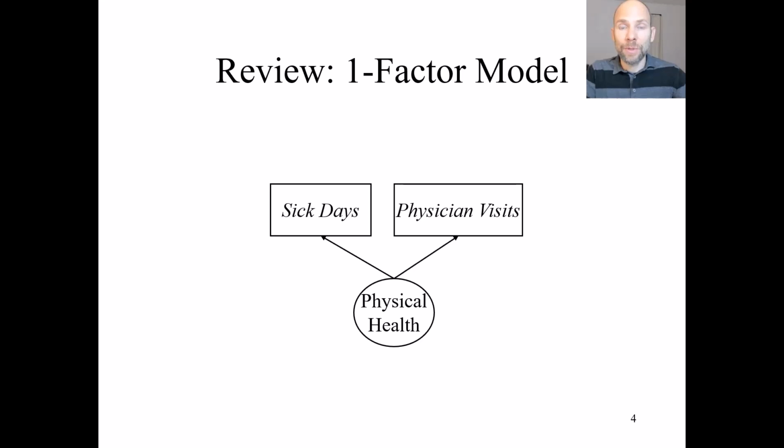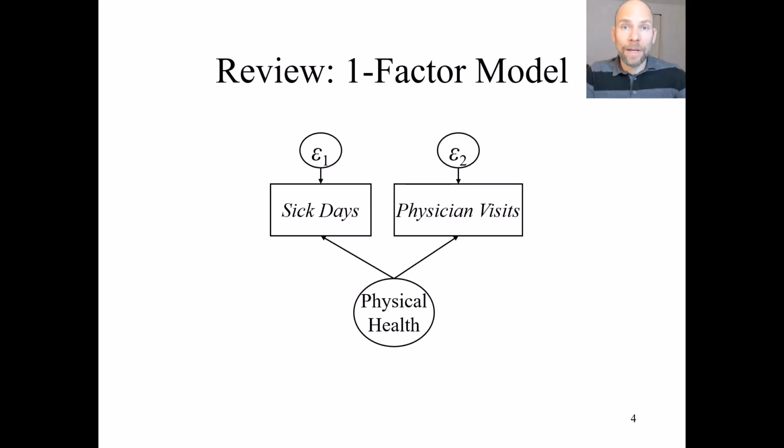So that makes use of that covariance to identify the variance of this latent factor, as we will see. And then after we partial out the common factor which accounts for the covariance, we have residual variance left, and that's the variance of the measurement error variables, variance epsilon 1 and variance epsilon 2.